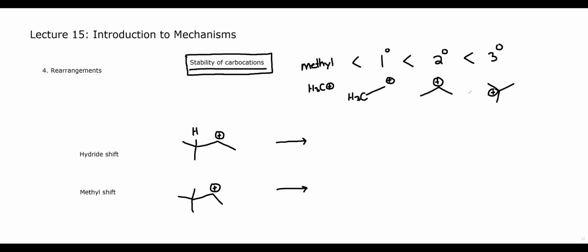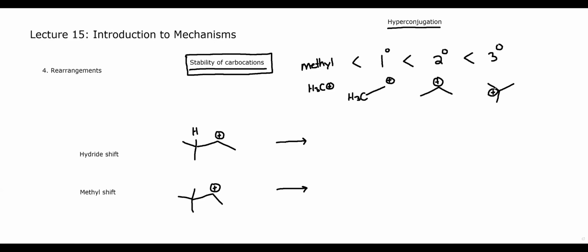So why is a tertiary carbocation more stable? Well, it's something known as hyperconjugation. We won't get too much into it this course, but we should be familiar with the term, and we should be familiar with the fact that hyperconjugation is simply a phenomenon in which this positive charge, which is innately unstable, right?